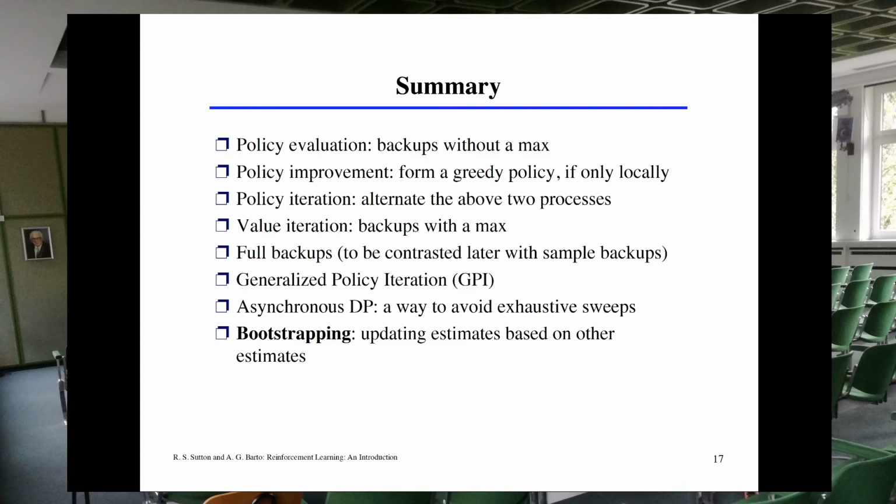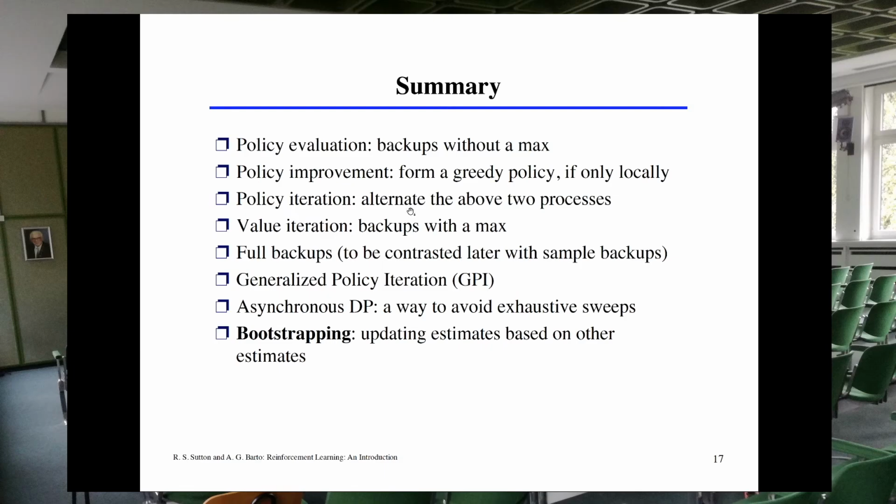So in summary, policy evaluation backups without a max. You need to consider all possible actions; you don't have this max operator. Policy improvement forms a greedy policy with respect to the current value function, and since this value function is in terms of the neighborhood of the state that you are updating, we say this is a local update of the values.